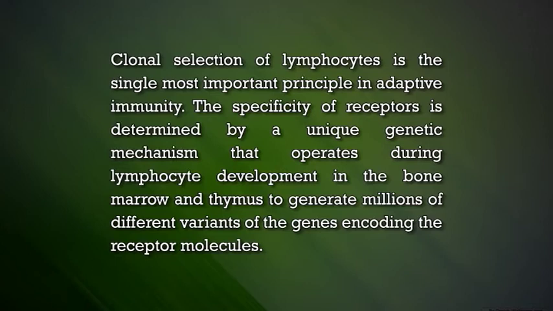The specificity of receptors is determined by a unique genetic mechanism that operates during lymphocyte development in the bone marrow and thymus to generate millions of different variants of the genes encoding the receptor molecules. Thus, although an individual lymphocyte carries receptors of only one specificity, the specificity of each lymphocyte is different.